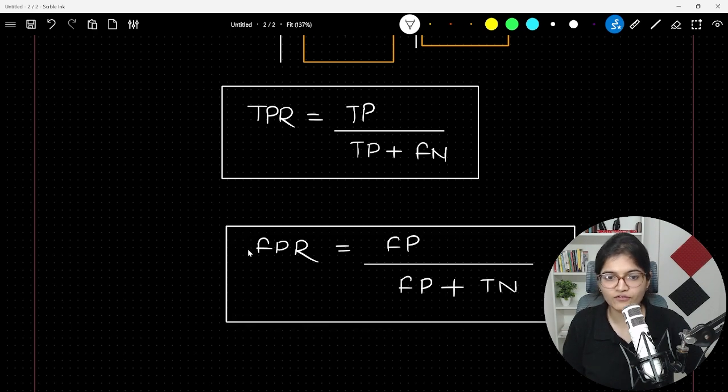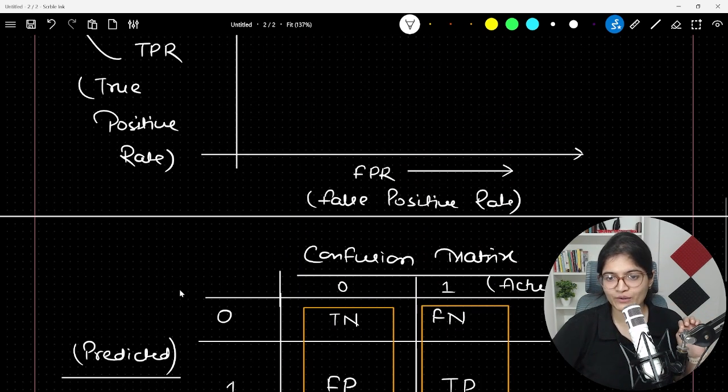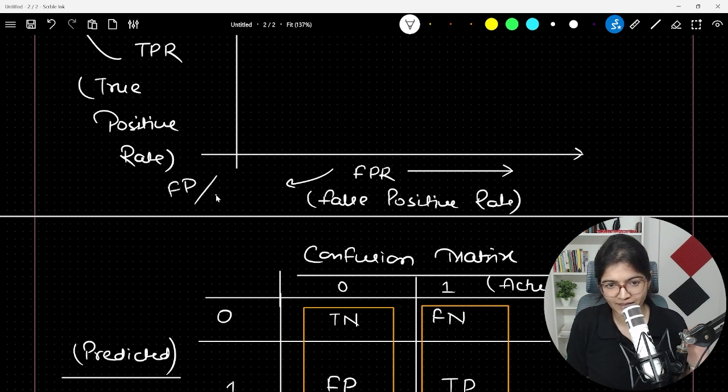So that is the meaning of false positive rate. So we have the values of TPR, we have the values of FPR. This is how we evaluate the false positive rate, which is false positive divided by the value of false positive plus true negative. Make sense?